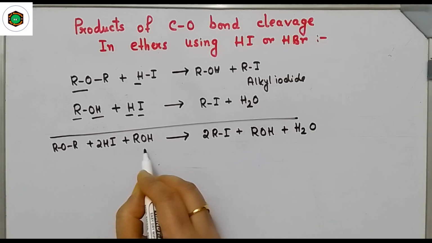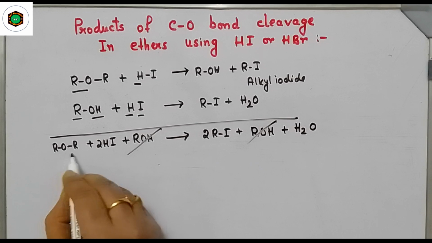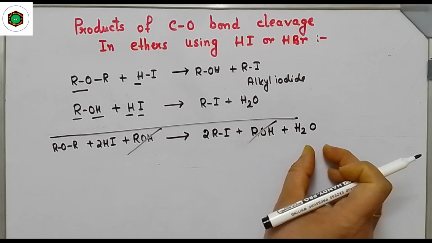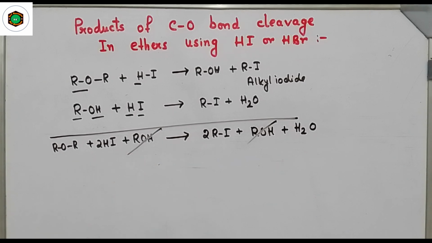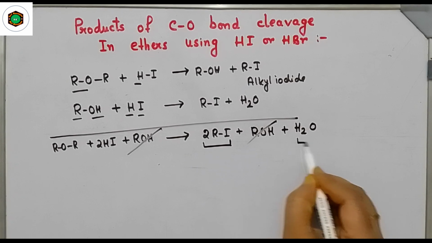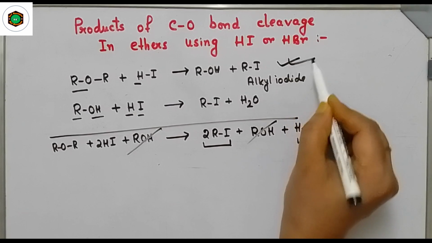Now left hand side and right hand side both have ROH, so just cancel these two. Overall reaction is ROR plus 2HI gives 2RI plus water. So if you have excess HI or excess HBr, you will get 2 molecules of RI plus water. But if you have limited amount of HI or HBr, this reaction takes place.